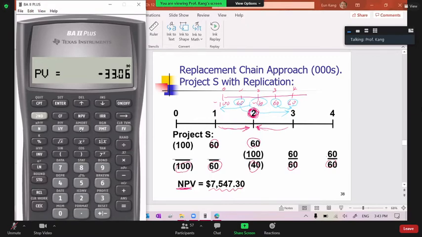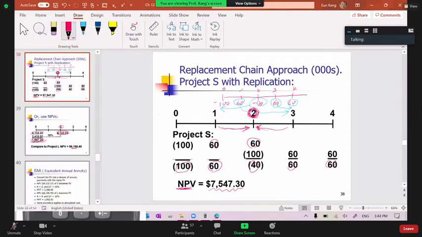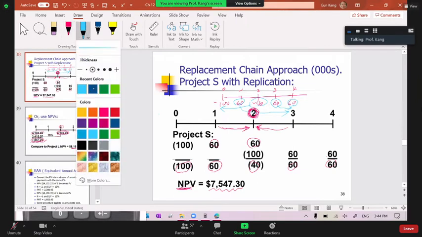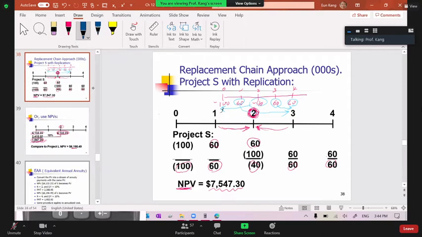So here, 33.06, but that's negative. So minus 133.06.